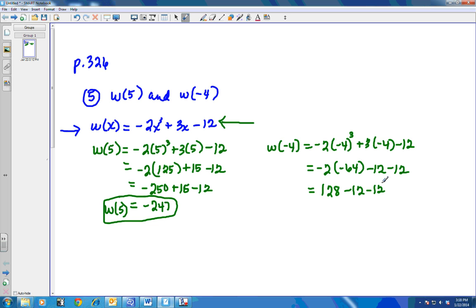And when I subtract those, I get 104. So W of -4 equals 104.